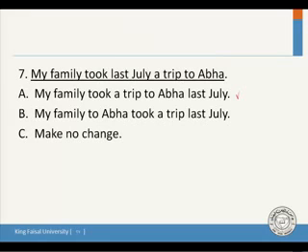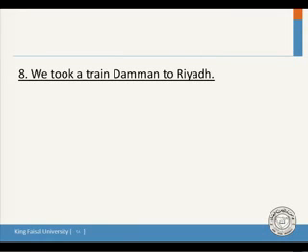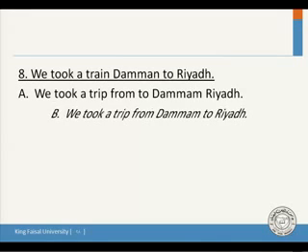We have the subject, and we have the verb, and the object, the place, and the time. Another sentence. We took a train Dammam to Riyadh. What's wrong with this sentence? It is not correct. Can you think about the correct sentence? Is it, we took a trip to Dammam, Riyadh?